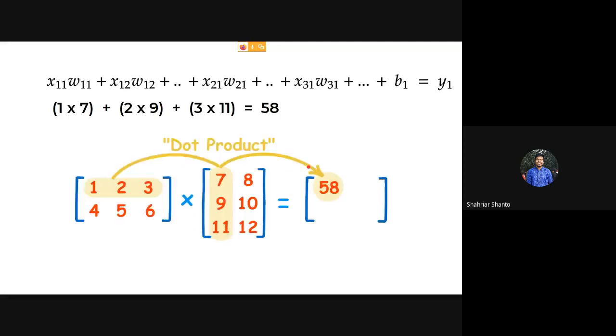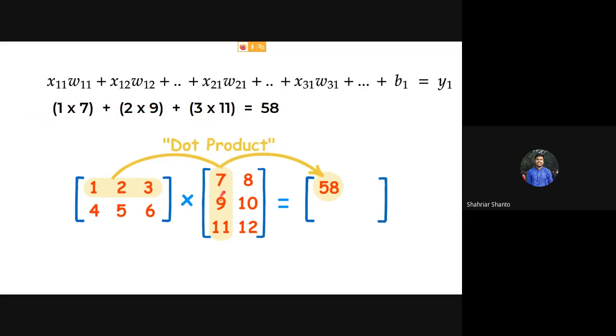As we might remember from matrix multiplication, the first row of the first matrix is multiplied with the first column of the second matrix, and the multiplication is exactly like a weighted sum. So 1 is multiplied with 7, 2 is multiplied with 9, and so on.